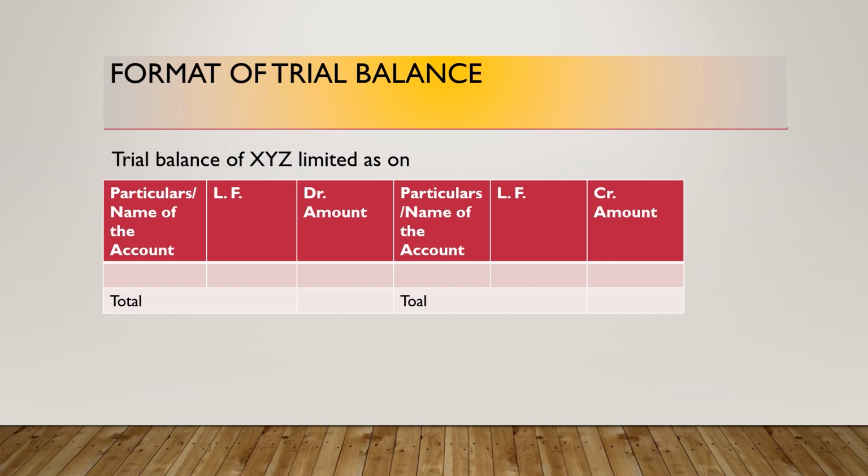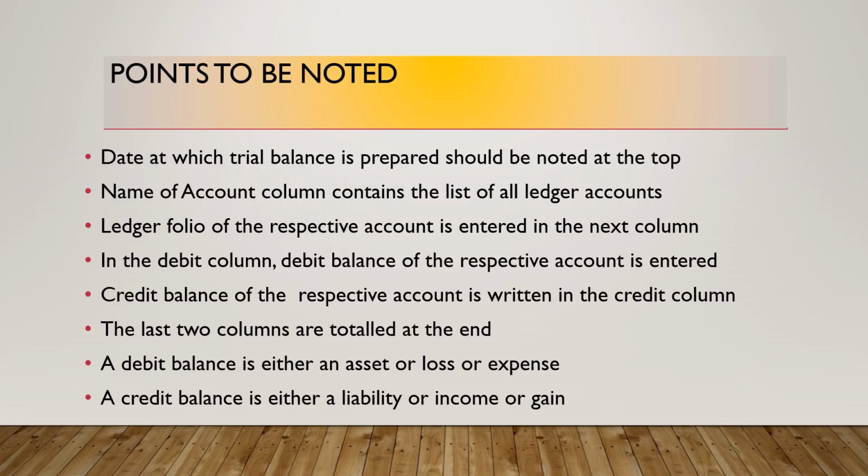Fine. So now we'll next talk about points to be noted. These are certain points, or we can say steps, to be followed when preparing a trial balance. What has to be done first? First, the date at which the trial balance is prepared should be noted at the top. I have shown you the format. In that format also we have specified the date earlier.